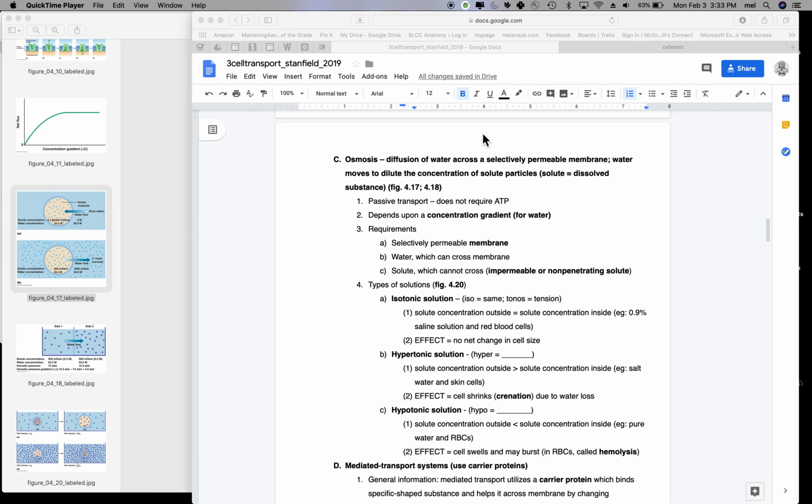Okay, so here's what happens with people in the concept of osmosis. People tend to want to memorize that water moves toward the high solute concentration, and while that works most of the time, it's actually not true. Water moves toward low water concentration.